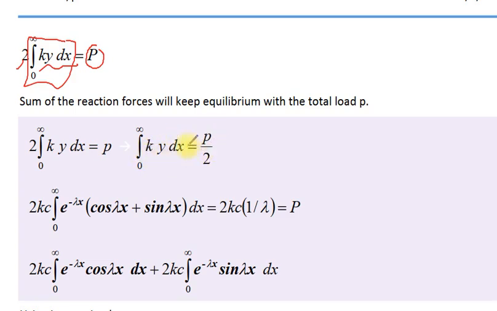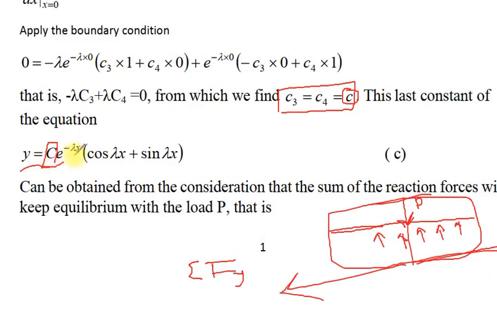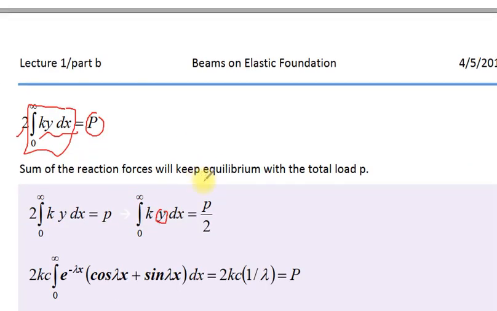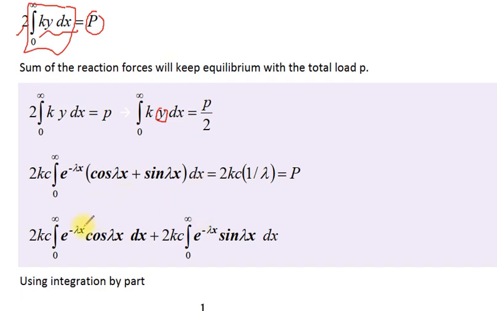Now replace y, the deflection, by this equation: constant c times e to the minus lambda x times cosine lambda x plus sine lambda x. Now integrate and solve by integration by parts. Distribute e to the minus lambda x to the parenthesis: e to the minus lambda x cosine lambda x plus e to the minus lambda x sine lambda x, and continue to solve these two parts.